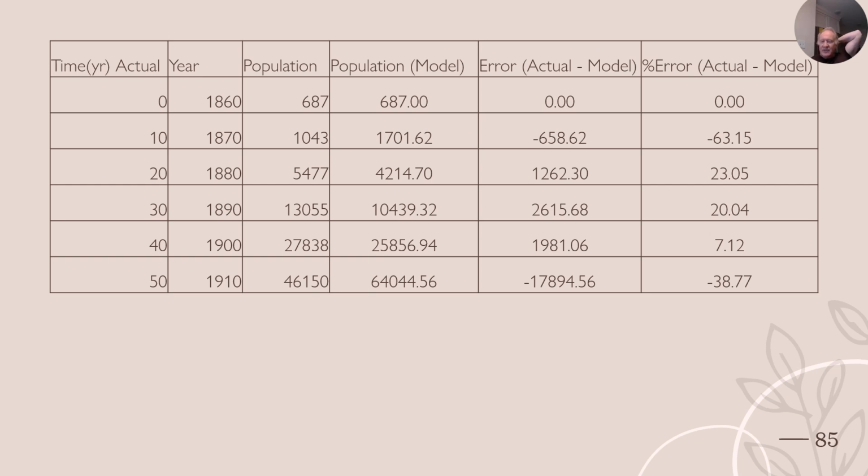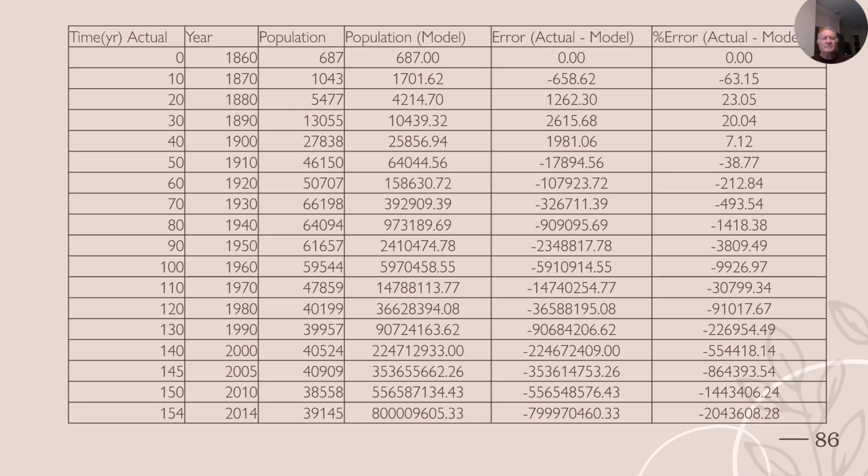So it's not doing really well. And if we were to keep doing this, we'd see that our percent error will get worse and worse as time goes on. And this usually happens. So as you forecast further into the future, you'll have more errors.